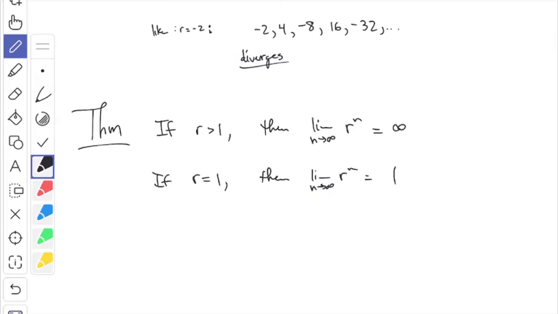What about if r is between 0 and 1? Remember the limit was 0. Also if r is 0, the limit is 0. And also if r is between -1 and 0, the limit is 0. So I'm going to combine all of those cases like this. For all of these values, the limit was 0.